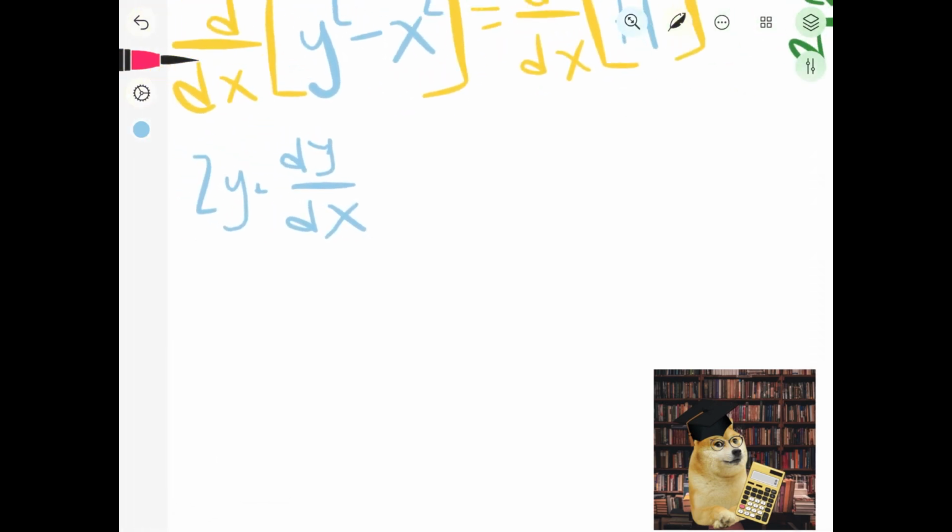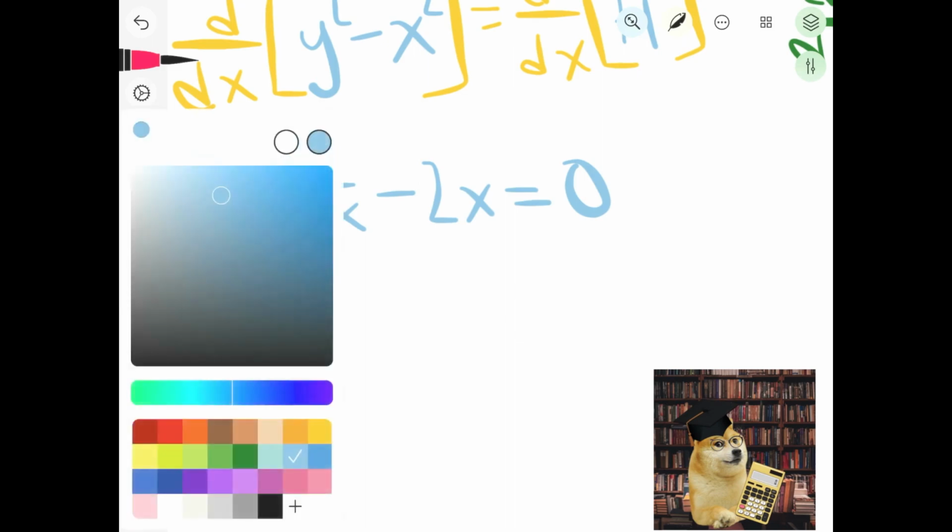Now we proceed with the next term, negative 2x, and 71 differentiates to 0. Now we need to leave the dy/dx alone.